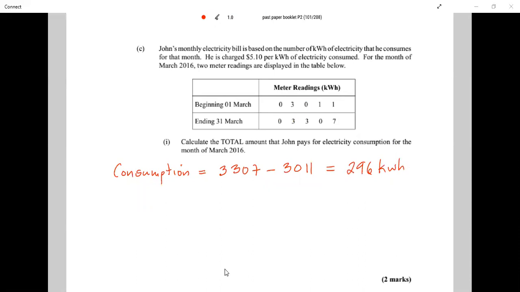That was his consumption. Now, he's paying $5.10 for 1 kilowatt hour. So if I know the cost of one and I want to find out the cost of 296, I must multiply.